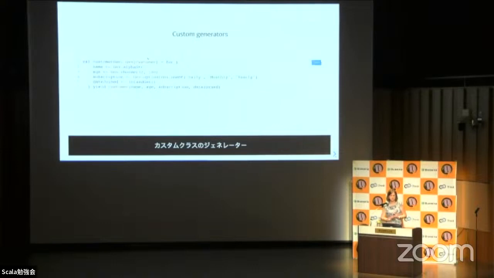So for example, alphabetic strings, numbers, options from a predefined range, and so on. Or you can even use a generator that you have defined elsewhere. Such a for comprehension will give you and the library a recipe for what you mean by correct data. Because it's actually important to have your generators done right. If your property-based testing fails, you want to make sure that it isn't because it was given incorrect data in the first place. Then if it fails, you know that it's because of a bug in your method.